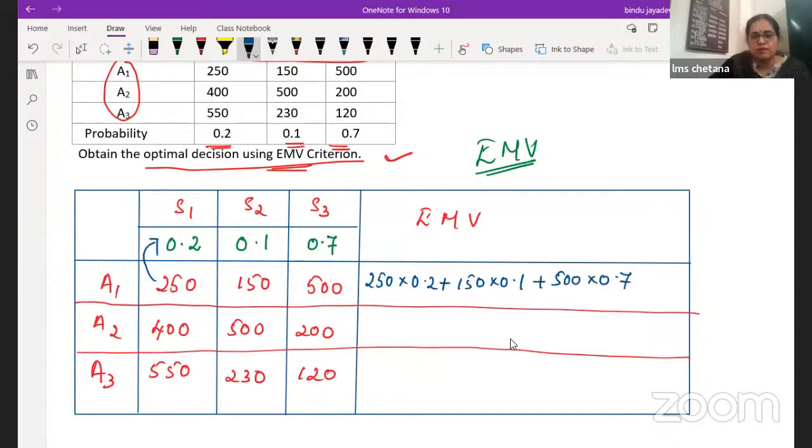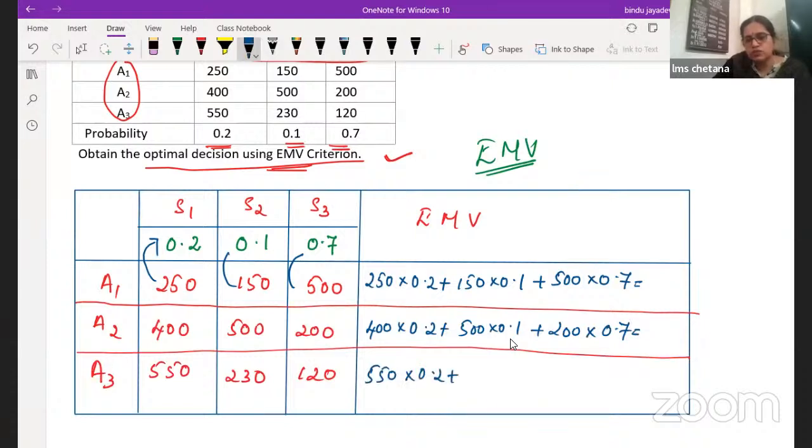Multiply the numbers with the probability. We did the same thing for the tree also, but separately. Here it will be 400 into 0.2 plus 500 into 0.1 plus 200 into 0.7. Last, 550 into 0.2 plus 230 into 0.1 plus 120 into 0.7.